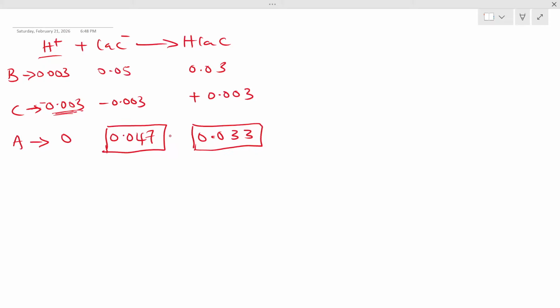To get the concentration of acid before any reaction takes place, you have to recall that we are adding 60 ml of 0.5 molar hydrochloric acid.